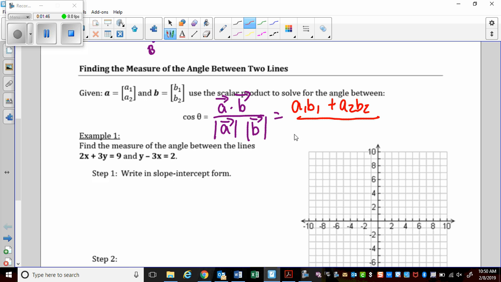So it's going to be the square root of, and I'm just going to write down the magnitude of A and B.